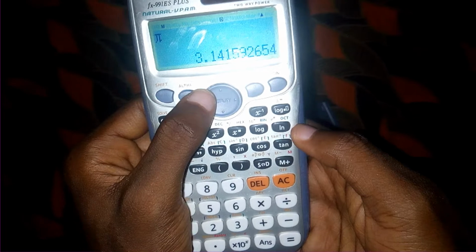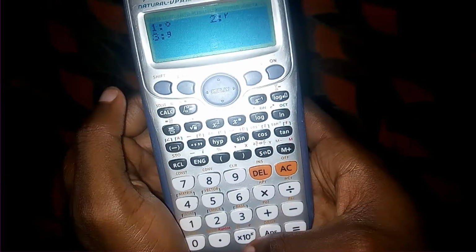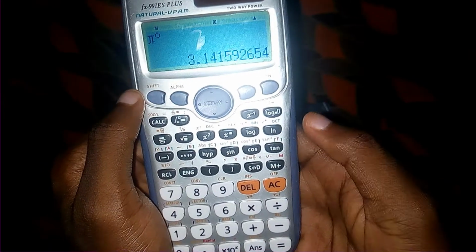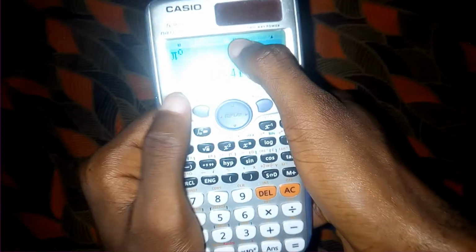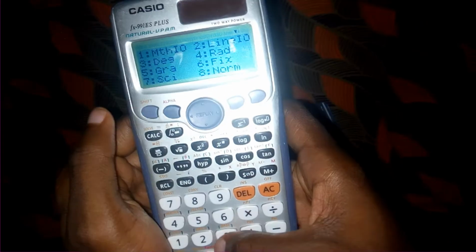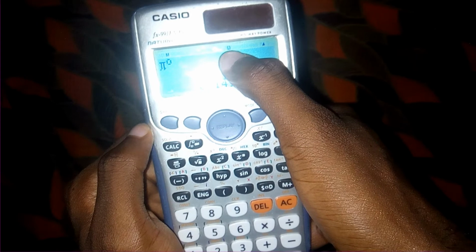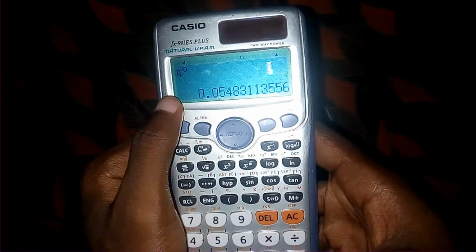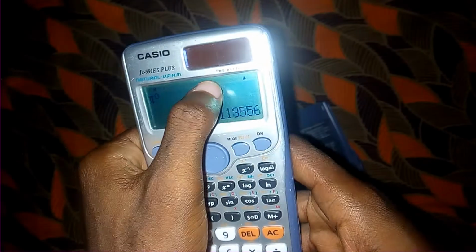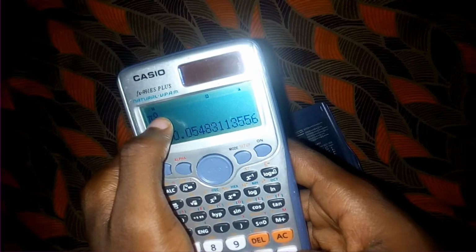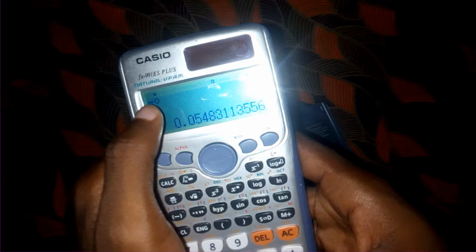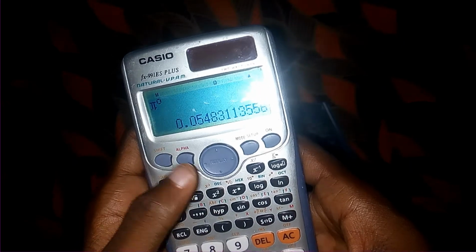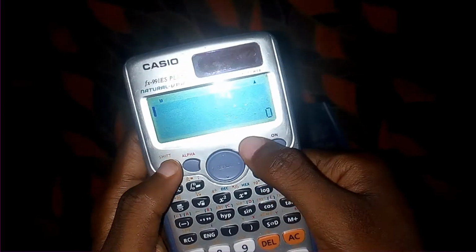If I set it to degree, that's it. But once I change it to radian, 4 is now radian, this will give us this. So now the pi in radian is this. Me putting the degree here is to indicate to the calculator that we are working with angles.